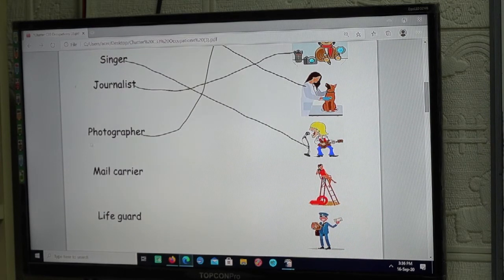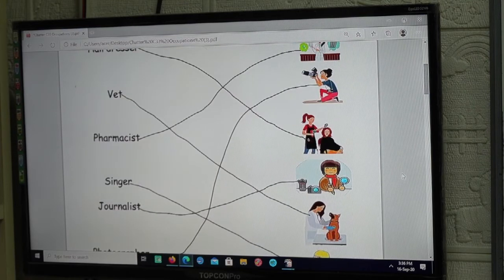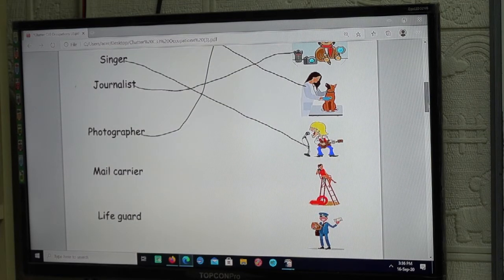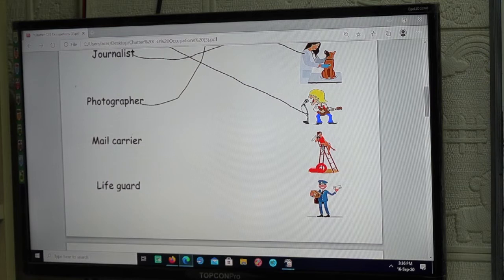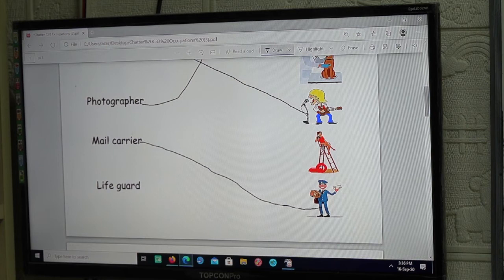All right, next one is the mail carrier. So who is the mail carrier? The lady here or the officer here? Here, that person, right? Who is carrying a bunch of mails and parcels. A mail carrier can deliver mails and parcels to you. The last one is lifeguard.